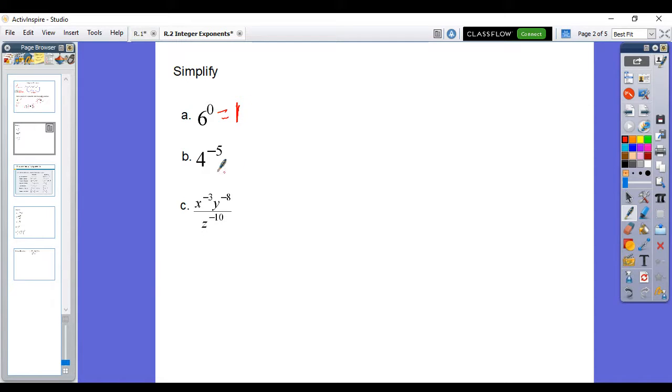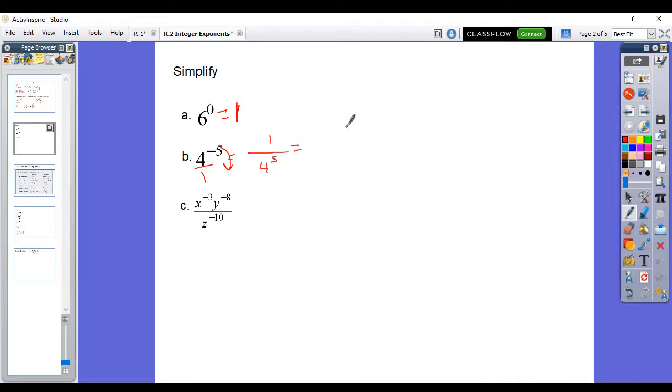Alright, now let's look at 4 to the negative 5. So this is 4 to the negative 5 over 1. Like we said, to make this positive, this whole value will go down into the denominator. It'll switch, so this becomes 1 over 4 to the 5th. Now we can simplify this. This is saying that we have 5 fours multiplying each other.